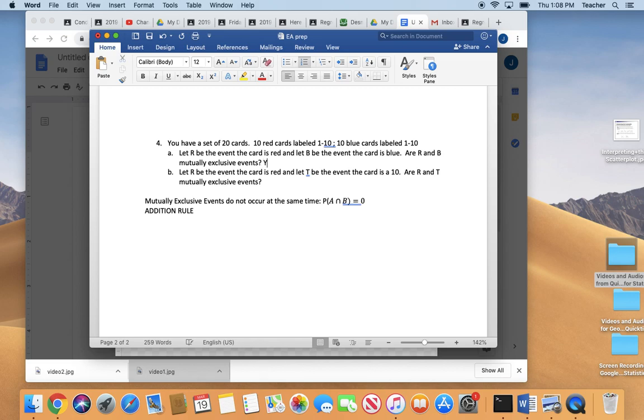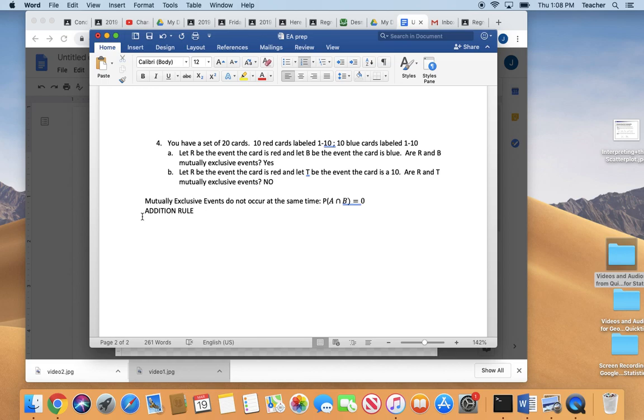The answer to this question would be yes, because a card is not going to be both red and blue at the same time. Let R be the event the card is red and T be the event the card is a 10. Are R and T mutually exclusive events? In this case, your answer is no, because you can have a red card that is also a 10. 10 red cards labeled 1 to 10.